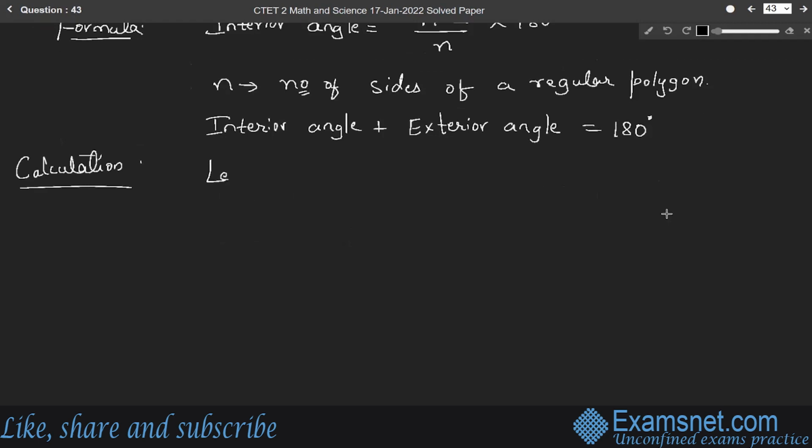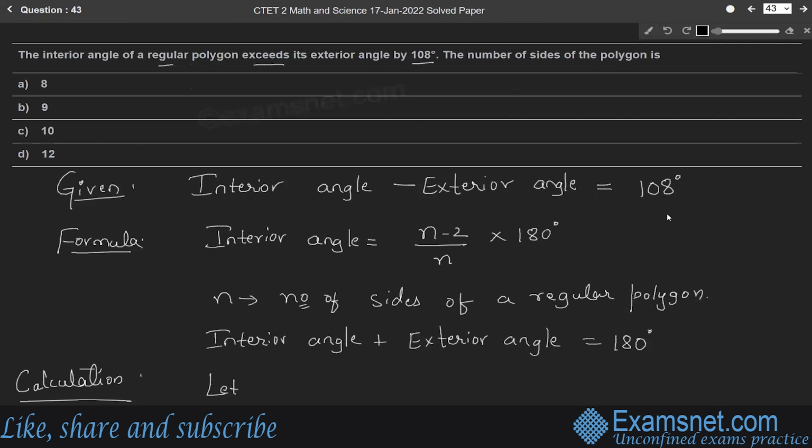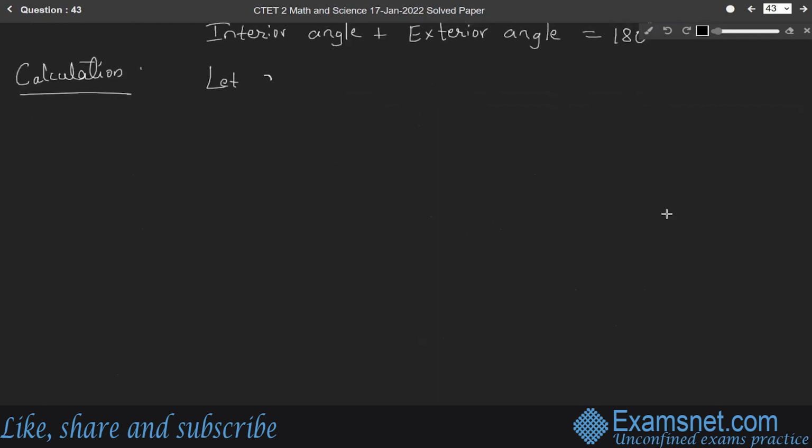Let x be the exterior angle. Then what is the interior angle?